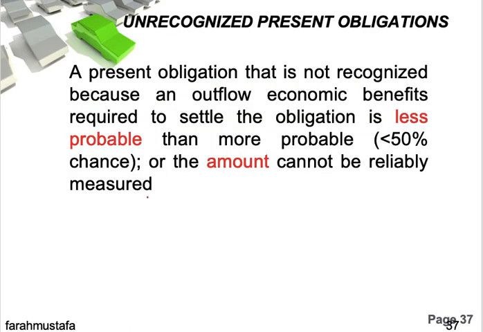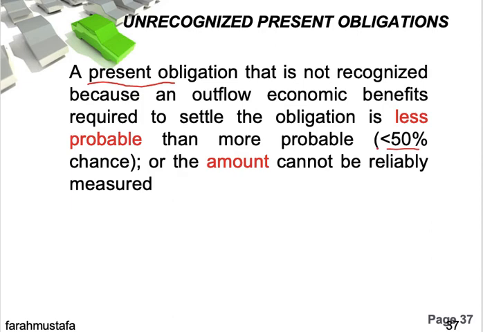And the second type of contingent liability is when it is a present obligation, same as a provision, but what it does not fulfill is that the outflow of resources is less than 50%. Because the condition to be recognized as a provision is that the outflow must be probable.